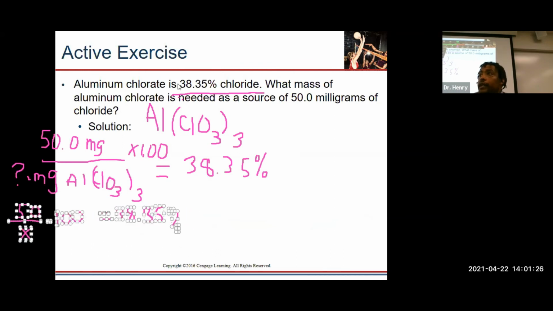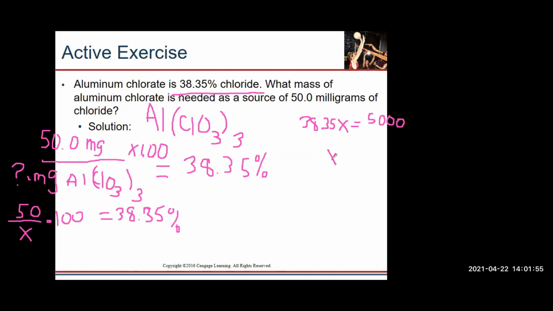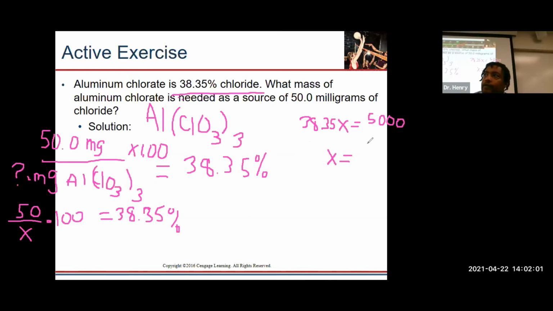Okay, so if I go ahead and solve this equation, I get X times 38.35 equals 50 times 100, which is 5,000. And then we divide by 38.35.